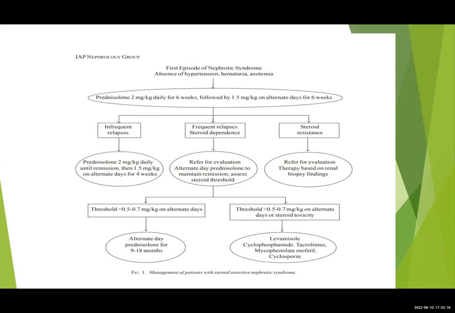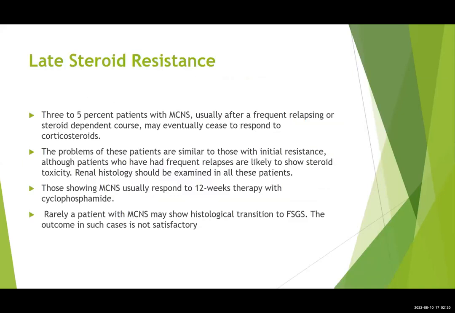This is late steroid-resistant nephrotic syndrome. Patients who respond to steroid may later become relapse dependent and may eventually stop responding to steroid.